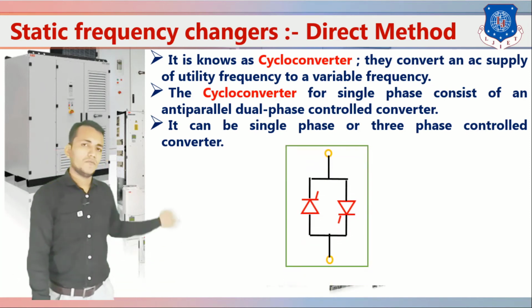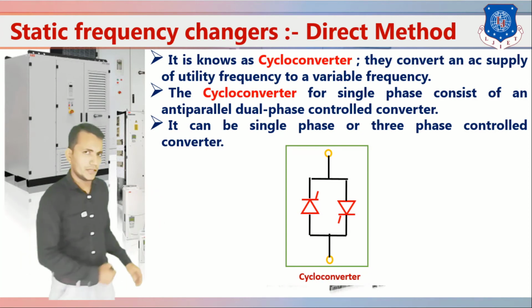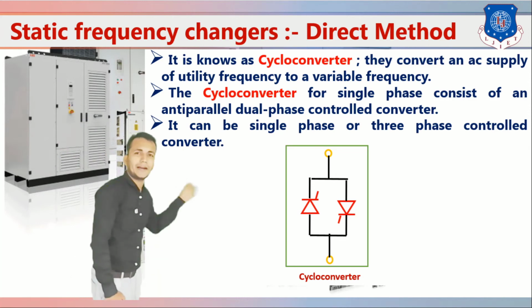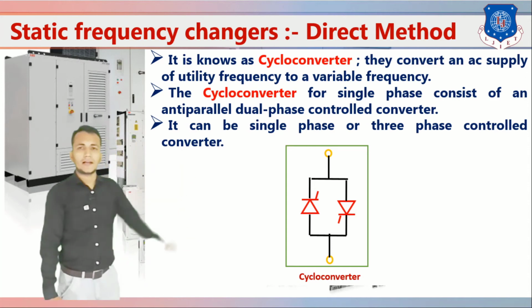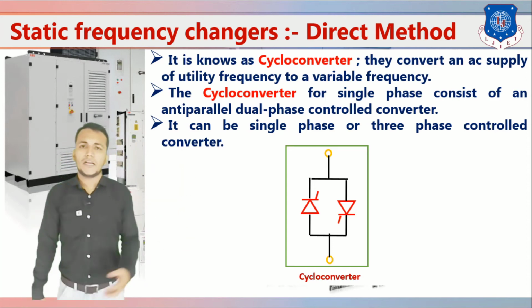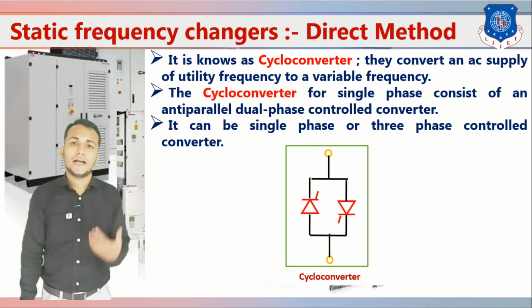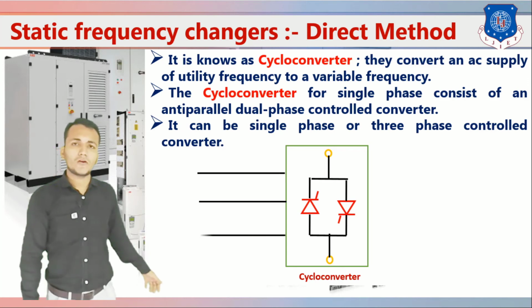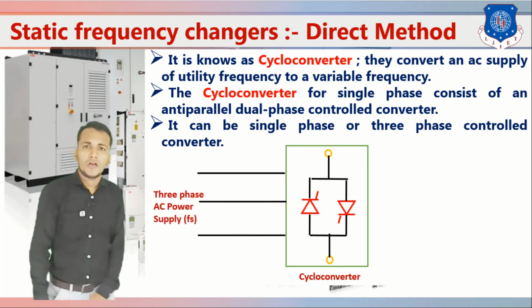If we want to see the figure for the cycloconverter, in this figure you can see two back to back connected HCR, okay, and that is the cycloconverter figure. We can say that with two back to back HCR, its circuit is like a triac, okay, and the input to the cycloconverter is a three phase AC supply, okay.